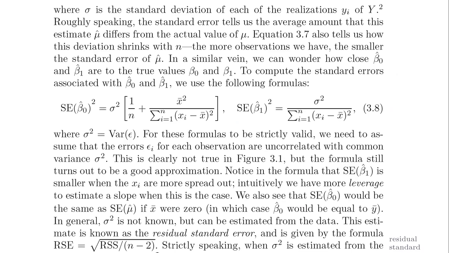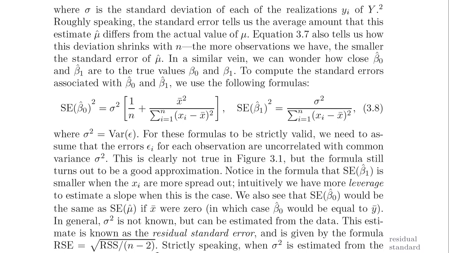Moving on, roughly speaking, the standard error tells us the average amount that this estimate mu hat differs from the actual value of mu. So what we're looking at is the standard error is saying, take an average mu hat, take your population mu hat.